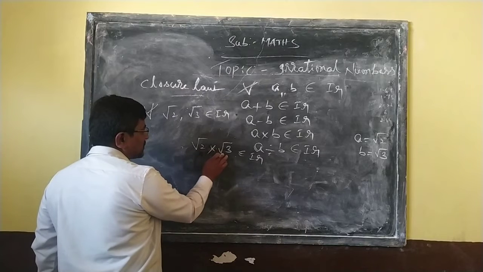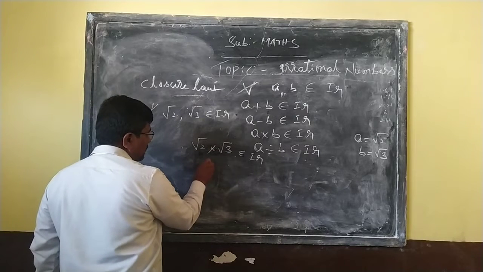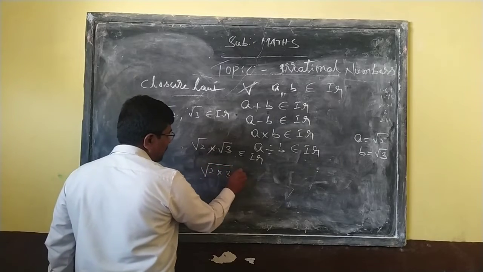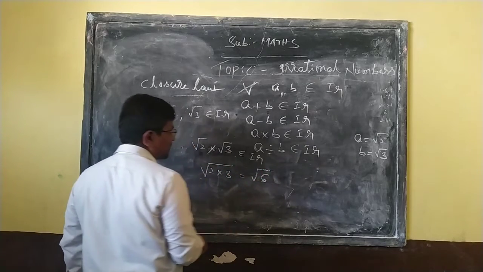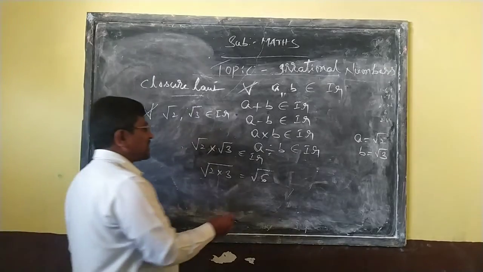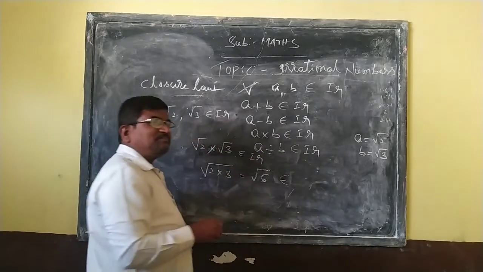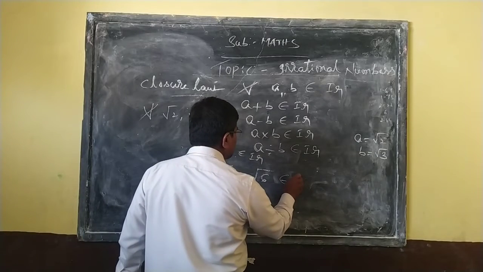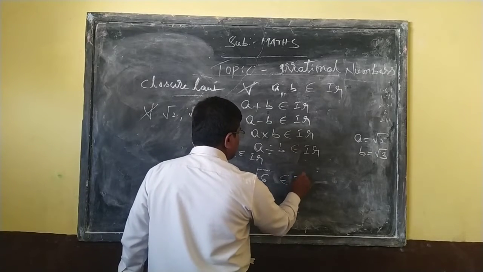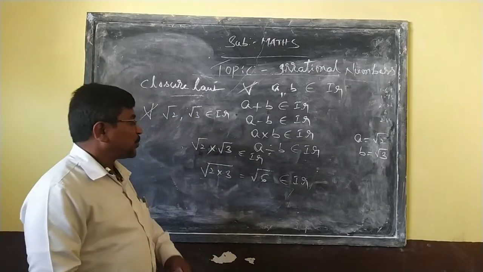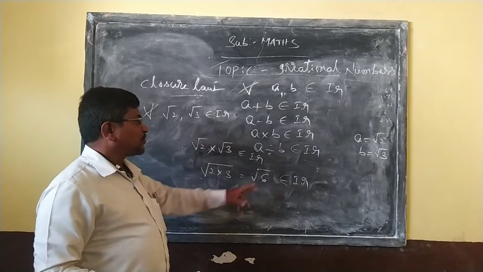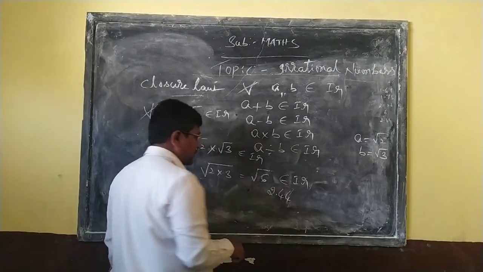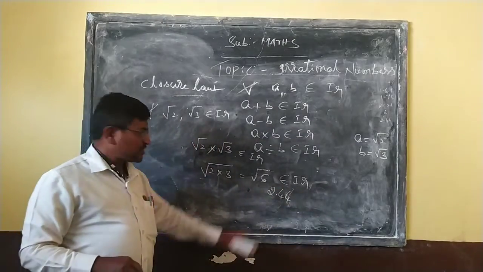Same root signs are there, so you can multiply. Root of 2 into 3, multiply 2 into 3, you will get root 6. Root 6 is also an irrational number, that belongs to IR. That root 6 value is, I think, 2.44.